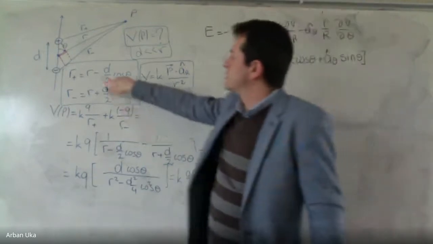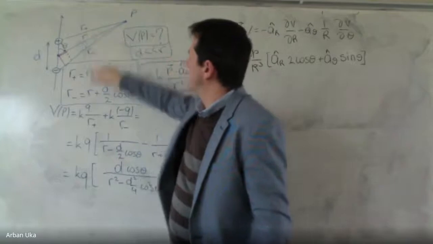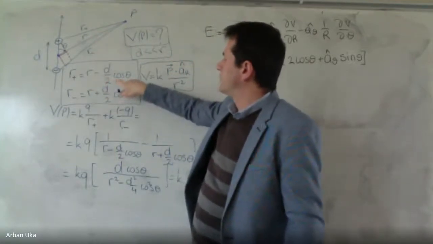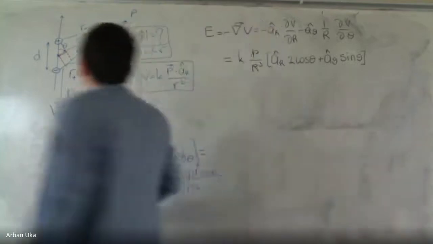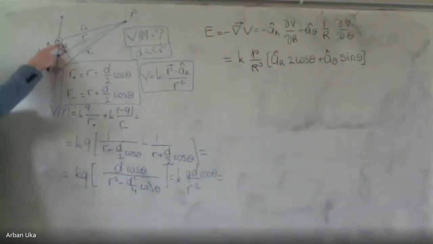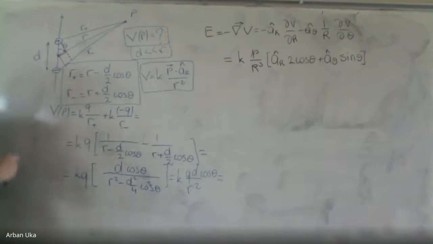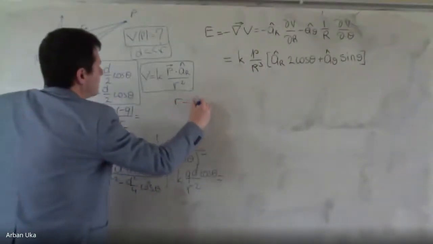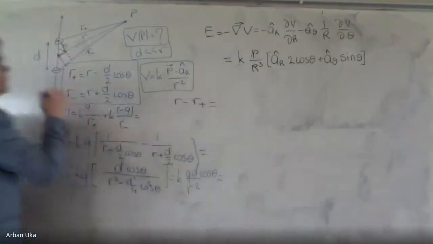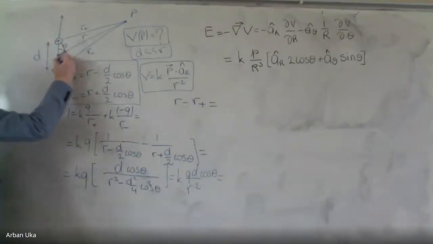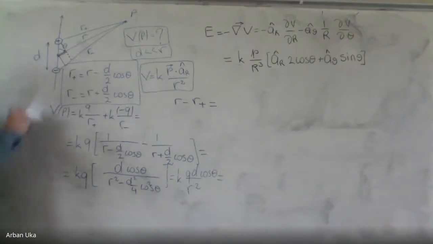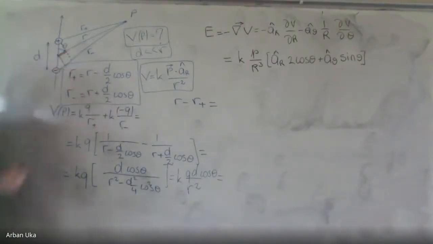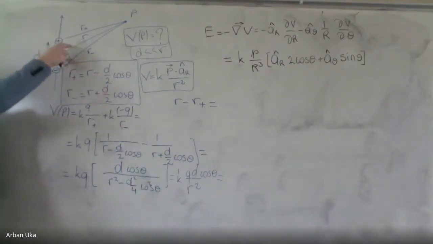Now, the distance of the positive charge, which we denote r plus, we can write as r minus half of d cosine theta. The reason is that r minus r plus is equal to this parameter, which is half of d times cosine theta.